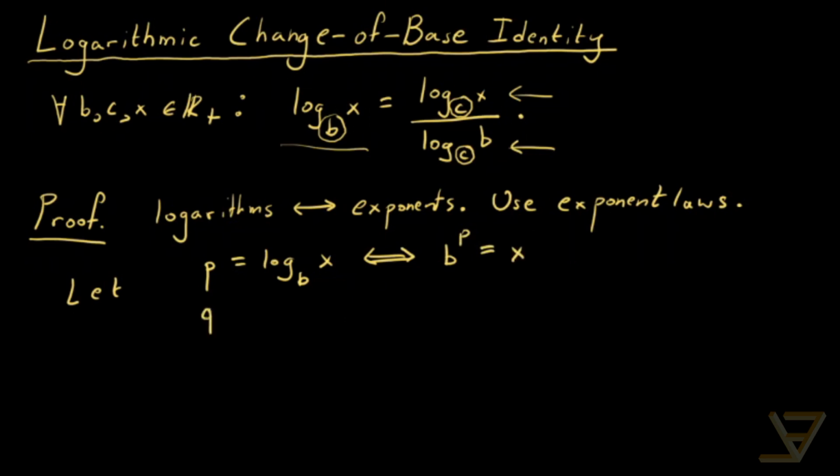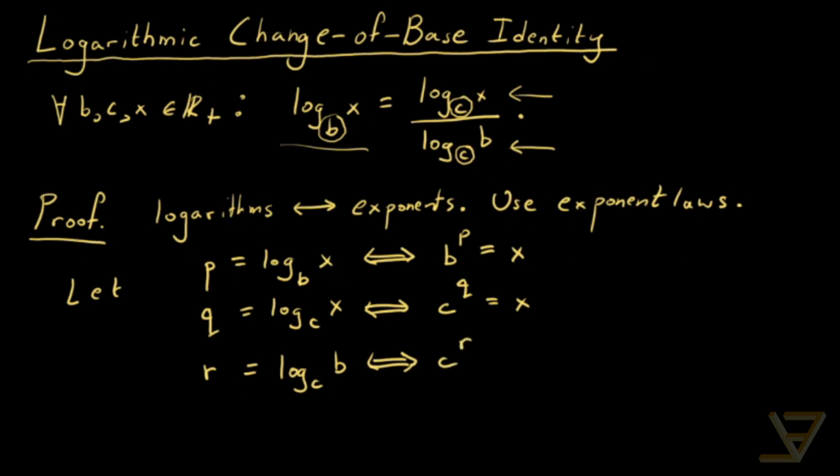We're going to let q equal log base c of x, so that equivalently we can say that c to the power of q is equal to x. And finally we're going to say that r is equal to log base c of b, so that equivalently we can say that c to the power of r is equal to b.